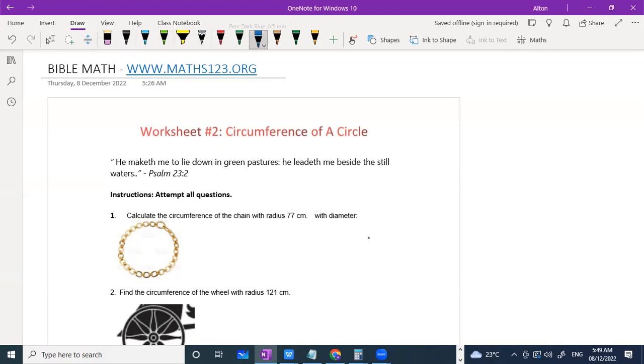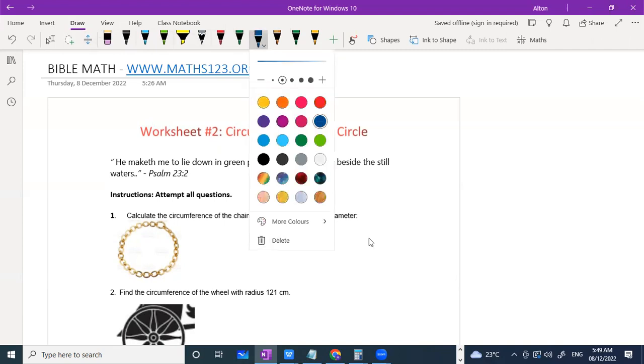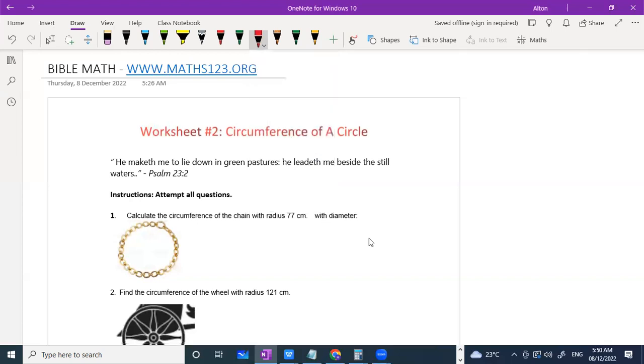Once you remember the formula, which is, let's write it down there in red, circumference of a circle is 2 by pi by radius, or pi by diameter. Either will work depending on what is given in your question. In this case, number 1, you are given the radius as 77.